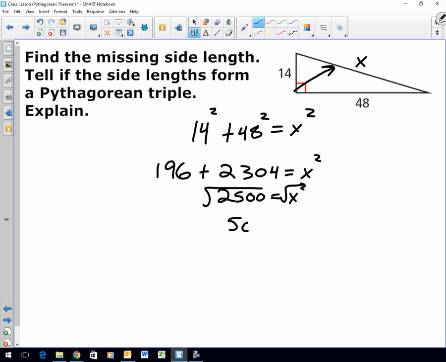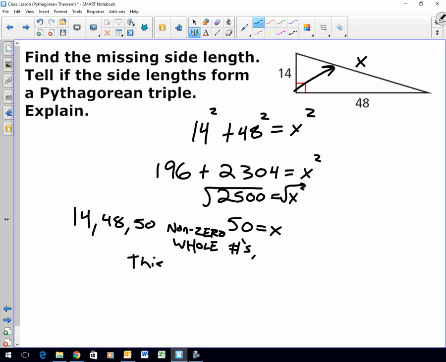Go back to your definition of Pythagorean triple. It's 14, 48, and 50, non-zero whole numbers. So are these a Pythagorean triple? Yes, because 14, 48, and 50 are non-zero whole numbers.